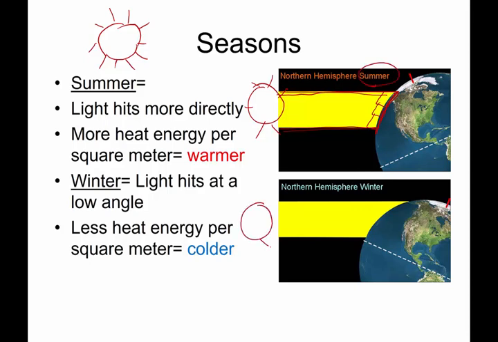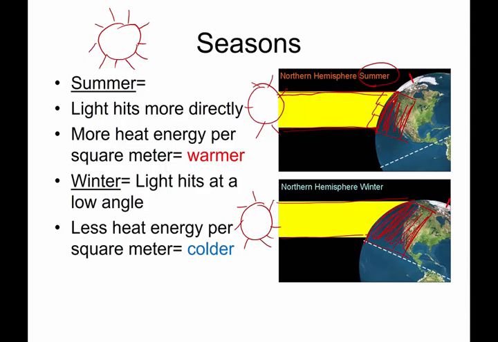The same sun emitting the same amount of light in the winter, that light, as it hits planet Earth, is smeared out over a much larger surface area. So the light that in the summer was over a small surface area, in the winter is spread out over a bigger surface area.